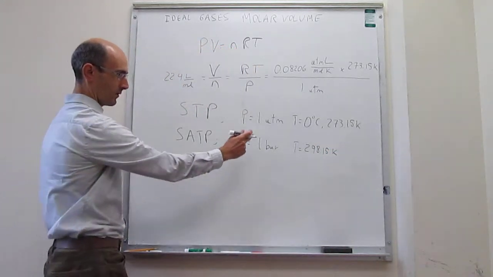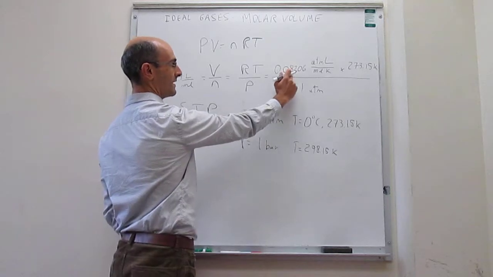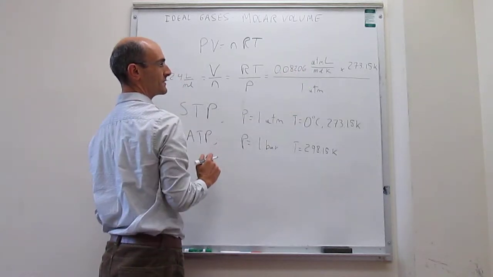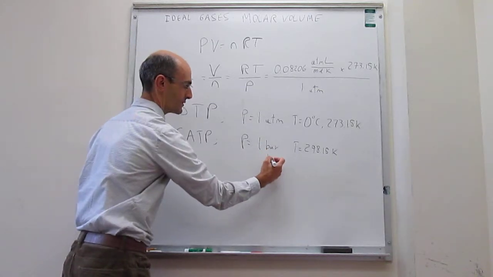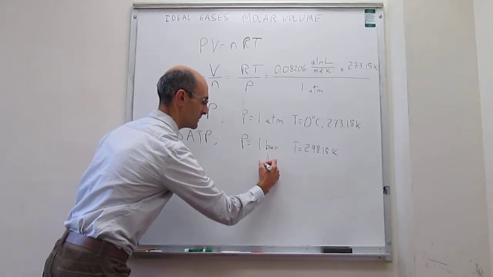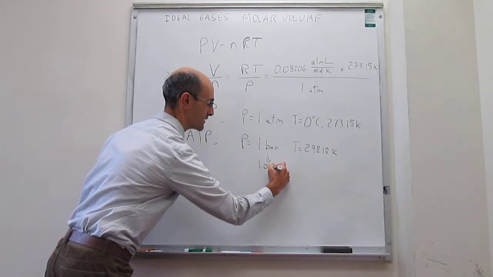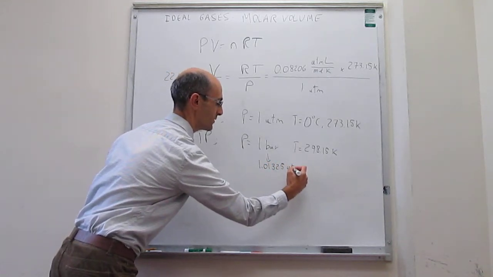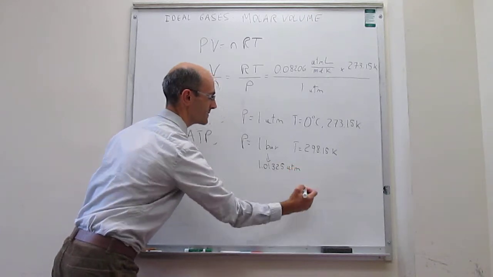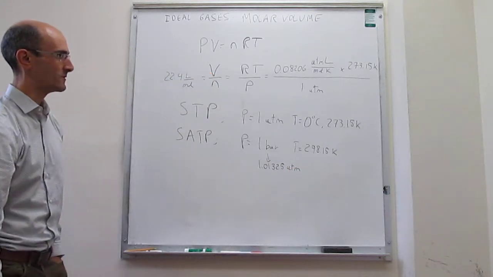Because we're going to be using this R that forces you to use atmospheres as the unit of pressure, we have to figure out how much 1 bar of pressure is in atm, and they happen to be only different by about 1%. 1 bar is equal to 1.01325 atm, and that conversion will be provided to you.